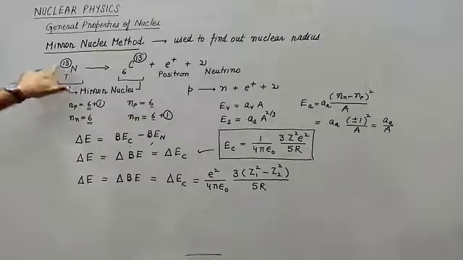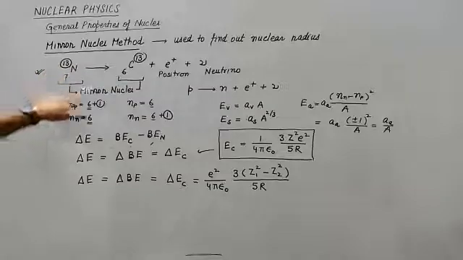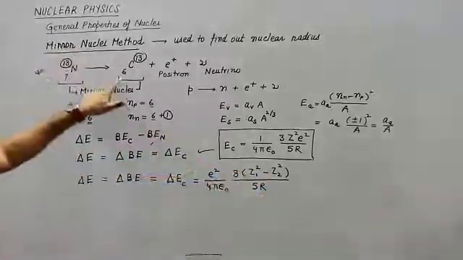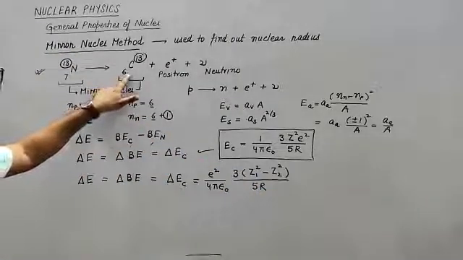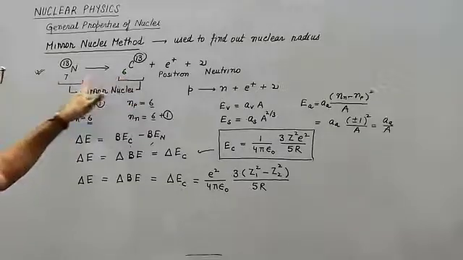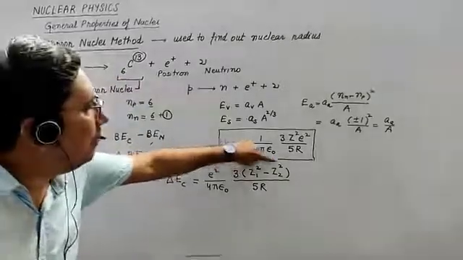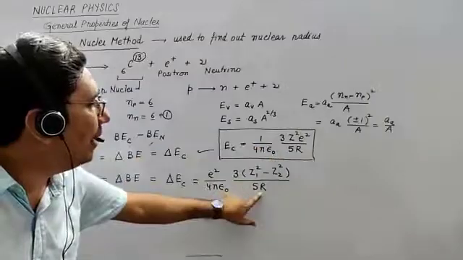In this case, this is N13, so Z1 is 7, and Z2 is the atomic number of the second nuclei, which is 6 here. So this will become 7 square minus 6 square divided by 5R.